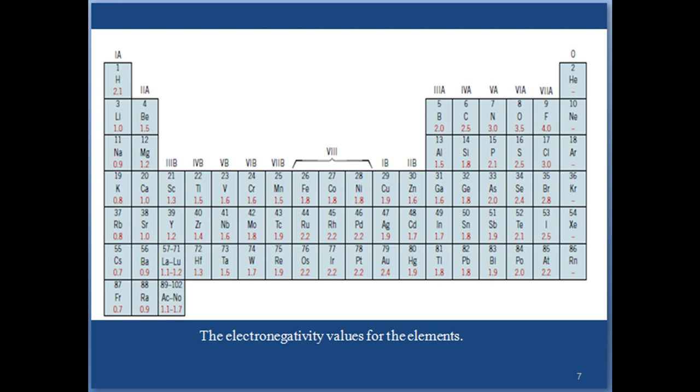As a general rule, electronegativity increases in moving from left to right and from bottom to top. Atoms are more likely to accept electrons if their outer shells are almost full and if they are less shielded from the nucleus. Shielded means closer to the nucleus.